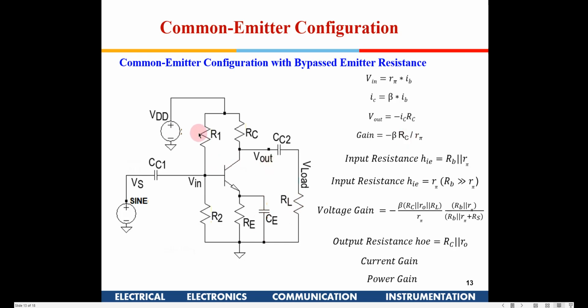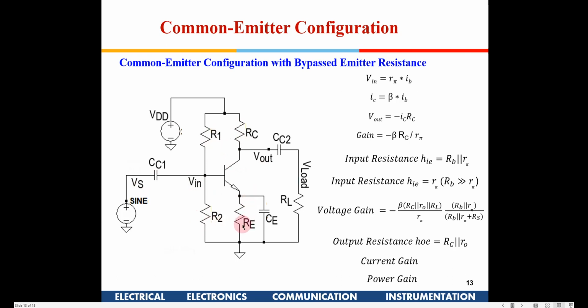Here in the DC analysis everything remains the same, whereas in the AC analysis this capacitor is going to short this RE. For the DC analysis, R1, R2 and RE will be there. When we do DC analysis, we open circuit the capacitor, so you will find it is stable.